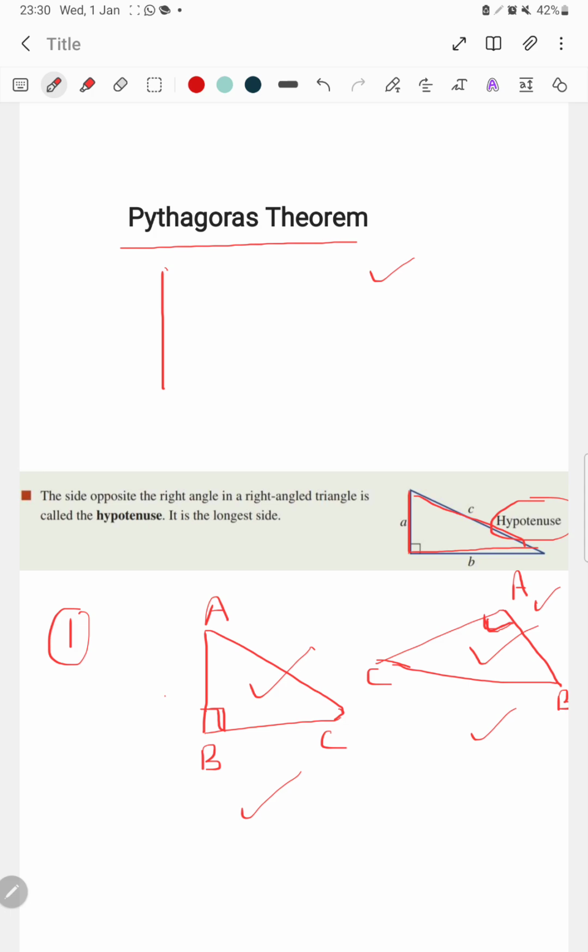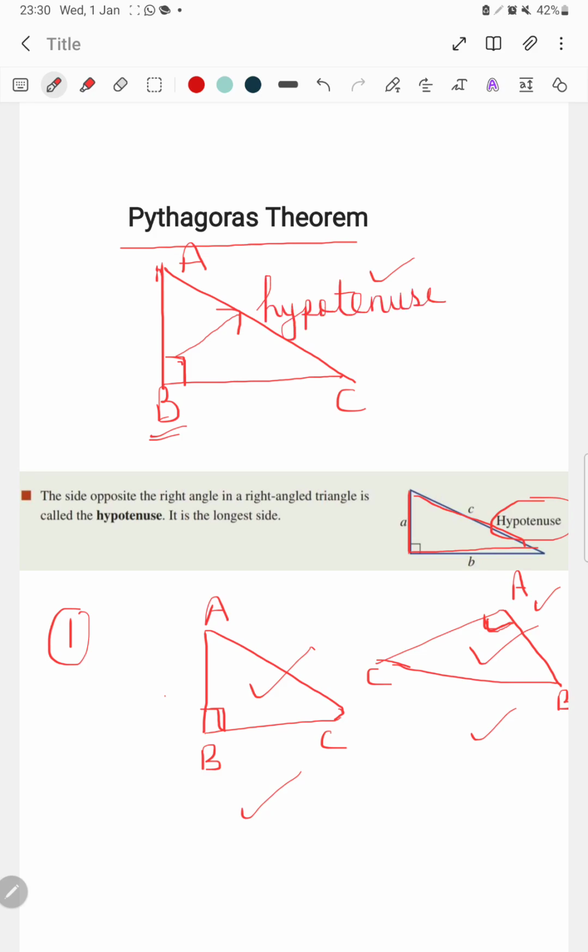When you draw a right angle triangle, it is important to show the right angle wherever it is. So let's say this is a triangle ABC and I am showing the angle 90 degree at this point B. Always remember the side which is opposite to the right angle is known as hypotenuse. So when you have to apply the Pythagoras theorem, you need to spot where the hypotenuse is.